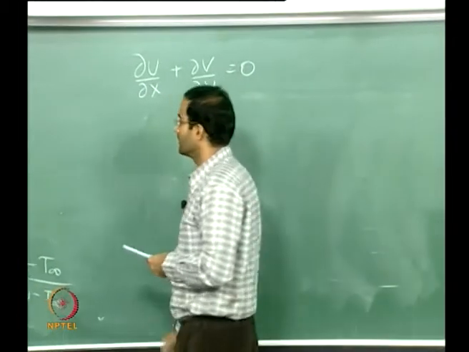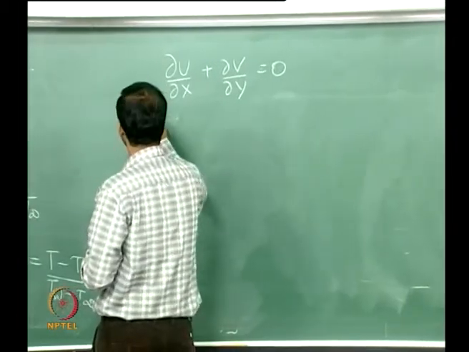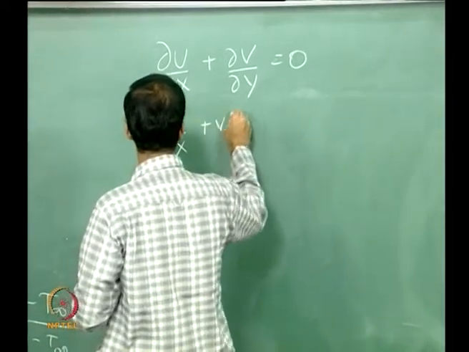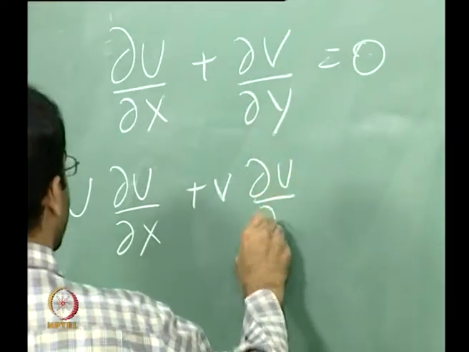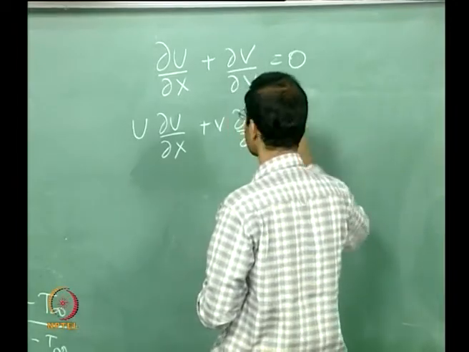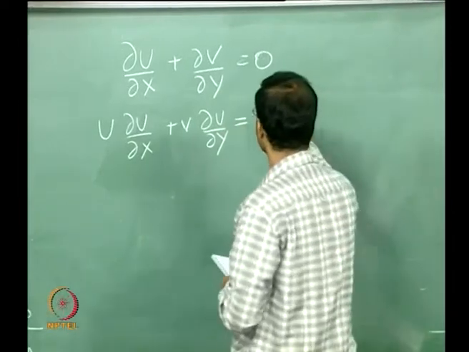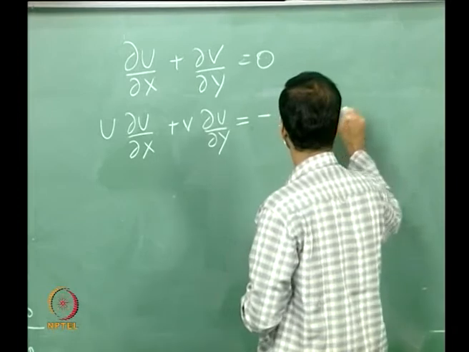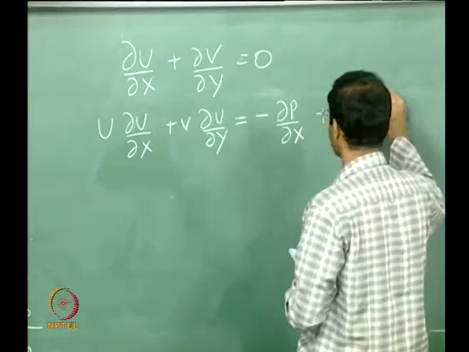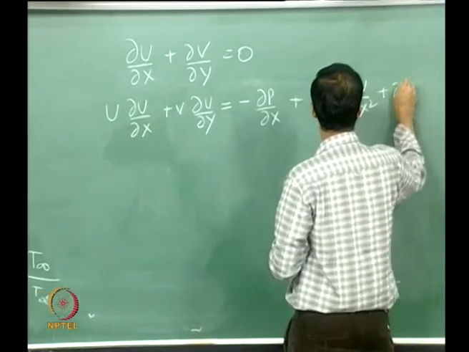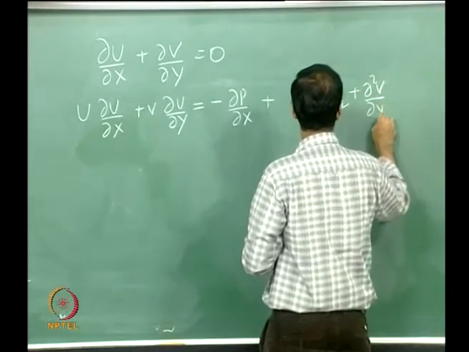As far as the momentum equation is concerned, U dU by dX plus V dU by dY, I am writing all in non-dimensional terms, is equal to minus d capital P by dX plus something which you have to tell me what it is, d square U by dX square plus d square U by dY square.